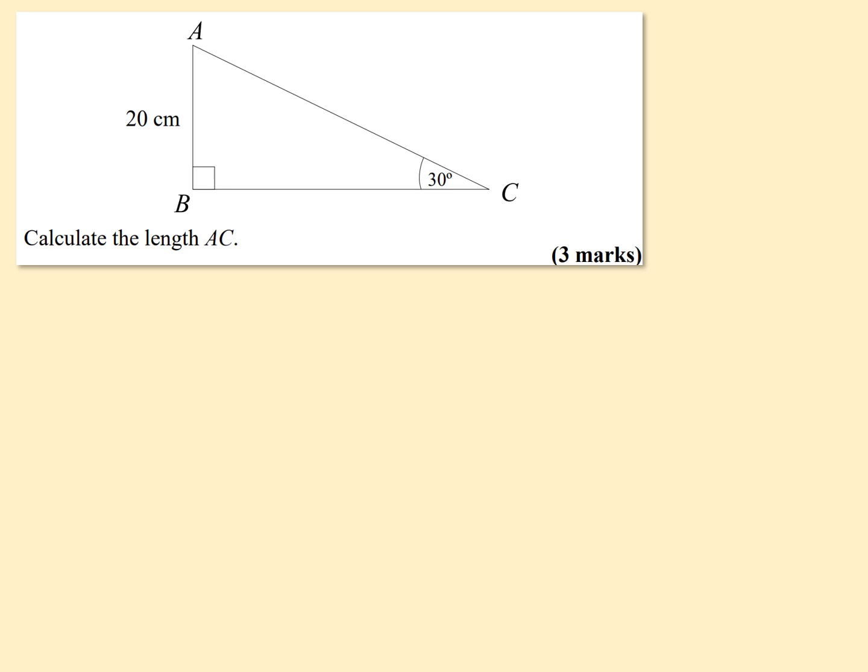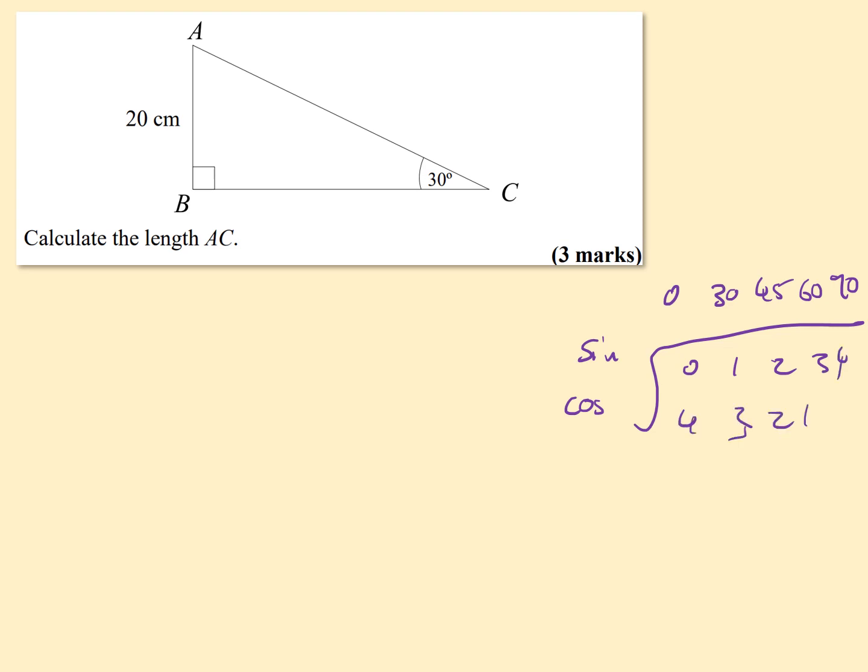If you see this angle 30, if you see 30, 45, 60, that should be triggering you to think, well, what do I know about those things? I know the sine and the cosine of 0, 30, 45, 60, and 90. Here's the square root of 0, 1, 2, 3, 4, 4, 3, 2, 1, 0, all over 2.